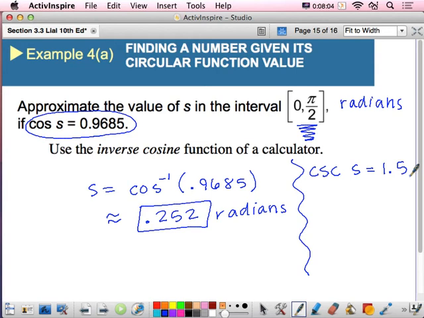If you're trying to find the angle from a cosecant, how do I have to type that in? Second sine. So you type second sine, and then here's where you do 1 over. The 1 over goes in the parentheses, 1 over 1.5. So do that for me, and tell me how many radians that is.